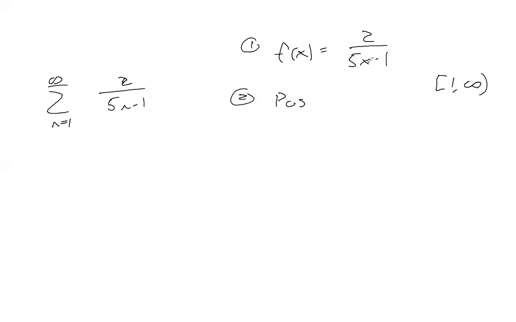And as x gets bigger, this is just going to get bigger. So this numerator is always positive, so my fraction should always be positive. Is it continuous? Again, I'm talking about the interval 1 to infinity. Am I ever going to be dividing by 0? No. It's always going to be continuous.